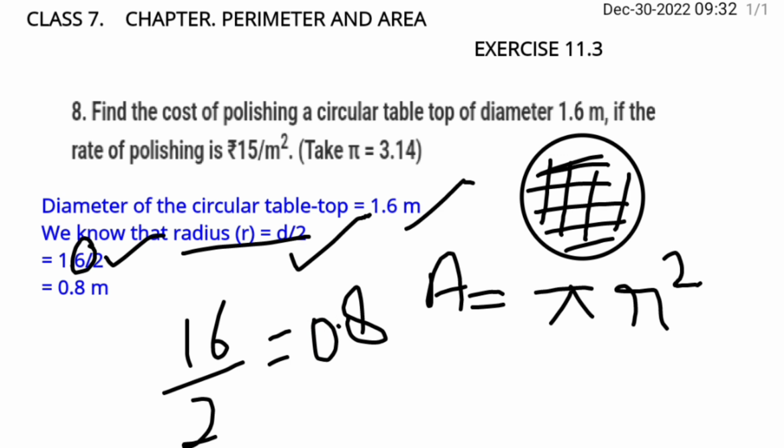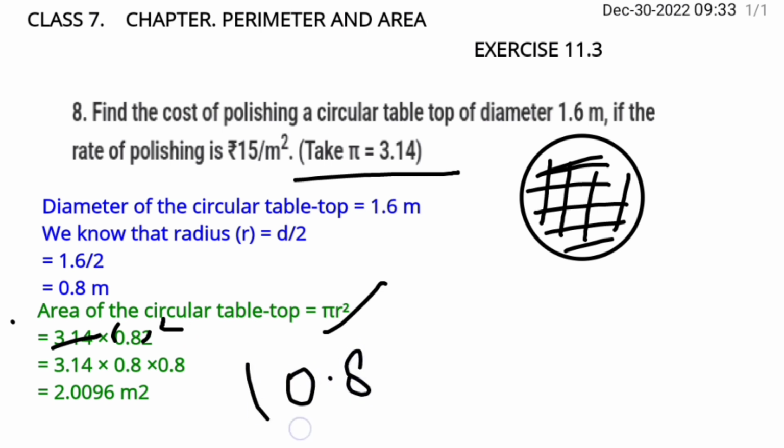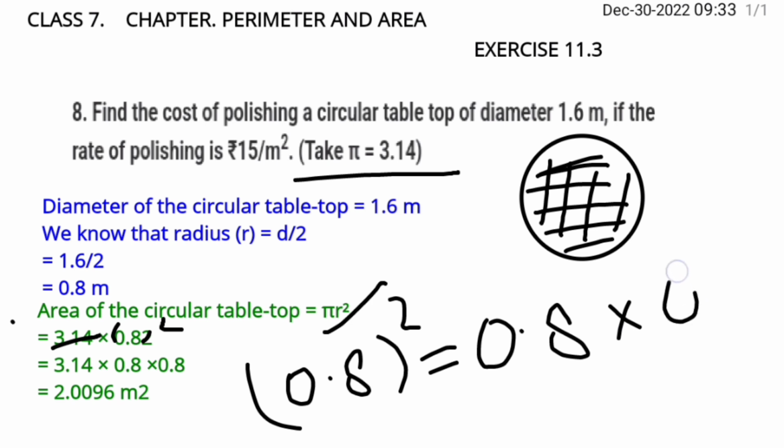Now next we need to calculate the area. I have written the formula of the area of a circle, pi r square. Next, the value of pi is 3.14, into 0.8 square. 0.8 square means you need to multiply 0.8 into 0.8.